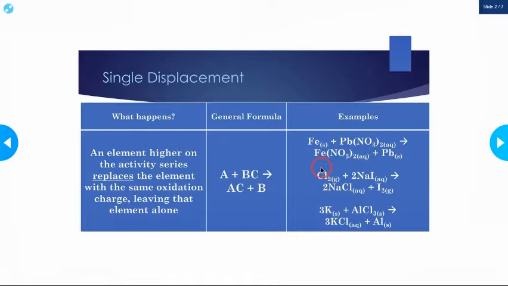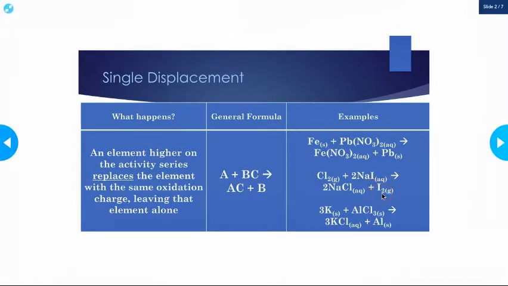Then when we look at chlorine, we have chlorine and sodium iodide. This is also a single displacement reaction because you have an element and a compound. The chlorine is an anion, so it's going to replace the anion in the compound, and iodine is the anion in the compound. Therefore we're going to form sodium chloride, and then we are going to form iodine, which is just by itself.